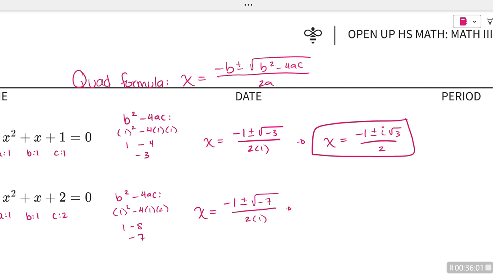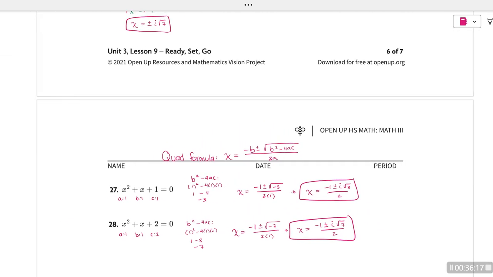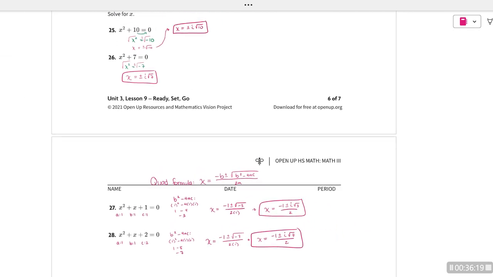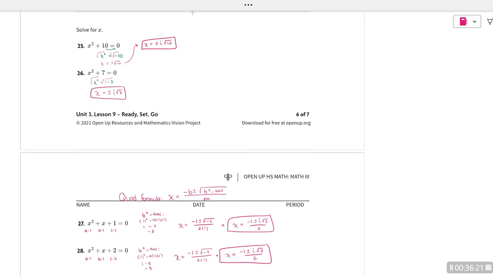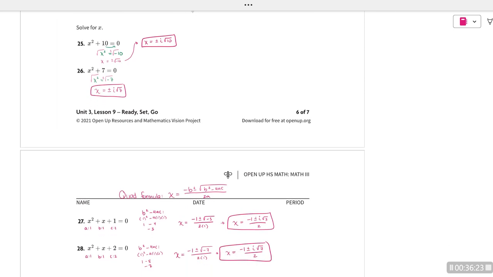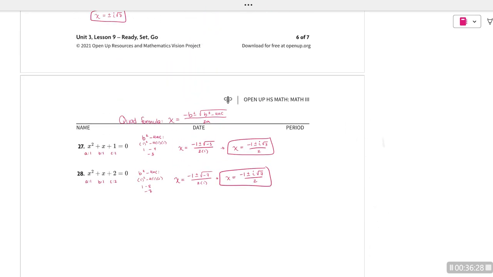So there's nothing much to reduce here except for my imaginary value there. So negative 1 plus or minus i root 7 over 2. We'll leave it like that. You could do the decimal approximation of i. Let me read the directions one more time. It just says solve for x, so we'll leave it as radicals. They're more exact anyways. And that is the last problem on this Ready, Set, Go. So hopefully this was helpful, and thank you for watching.